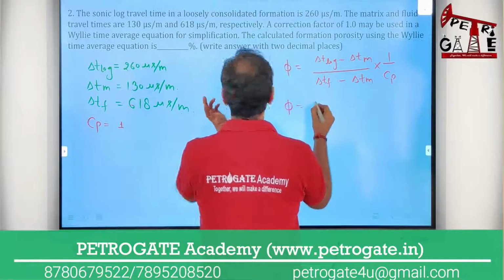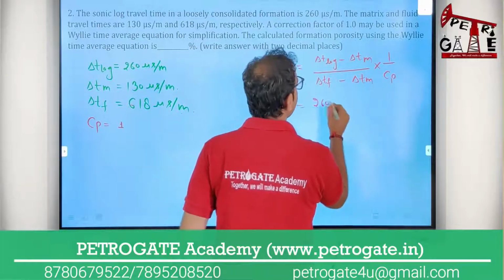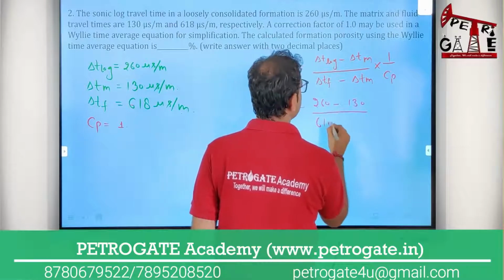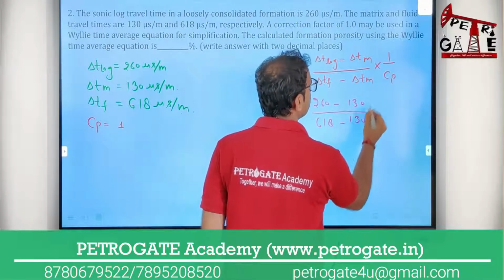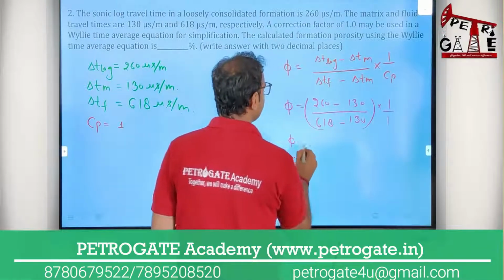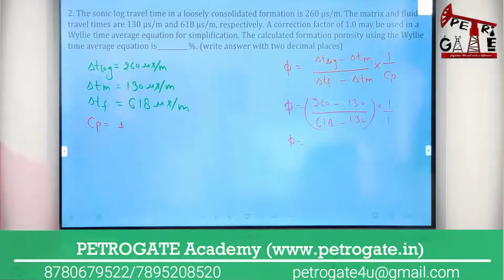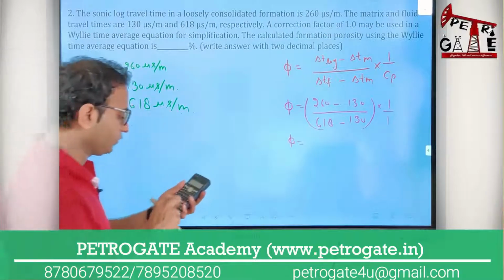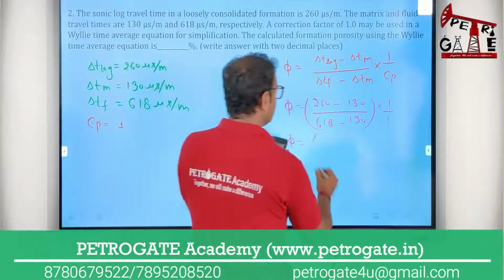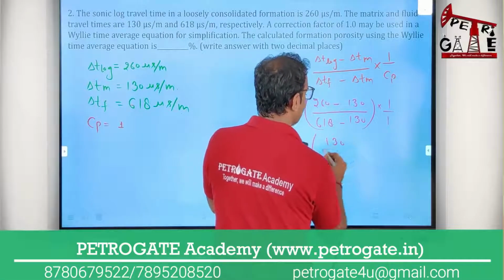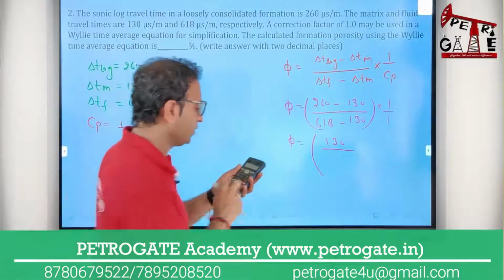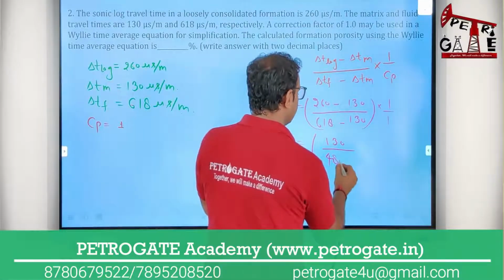Porosity: delta T log is given, that is 260 minus 130, upon fluid 618 minus again 130, and the compaction factor is 1 by 1. The porosity value equals, I have the calculator, don't worry, I am calculating for you. 260 minus 130 gives 130, upon 618 minus 130, which gives 488.